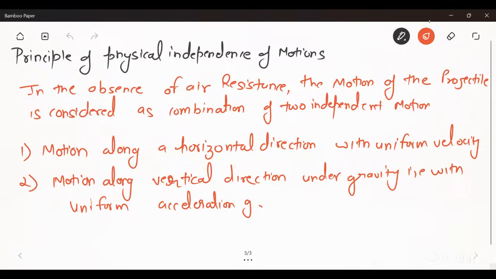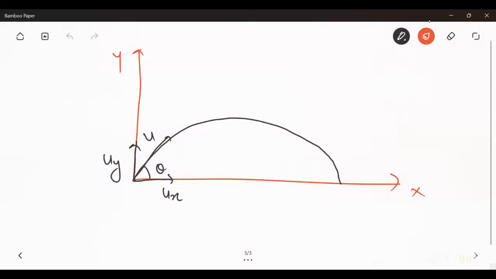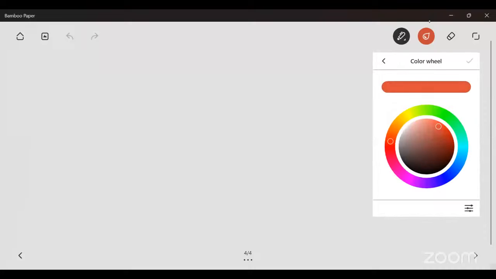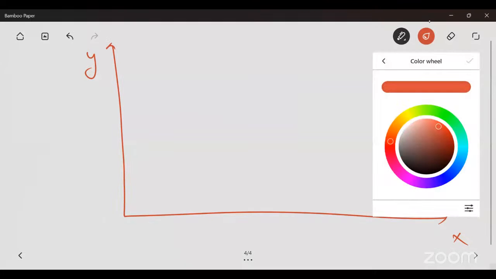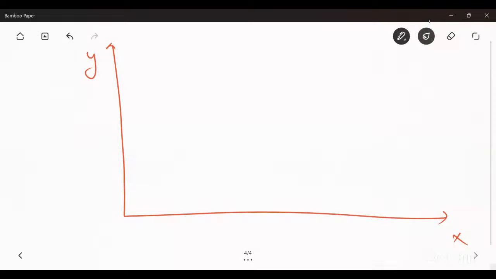Now consider the motion, that is your projectile motion. This is the y-axis, this is the x-axis. Now see, suppose that was your projectile, which was fired with the initial velocity u at an angle theta.